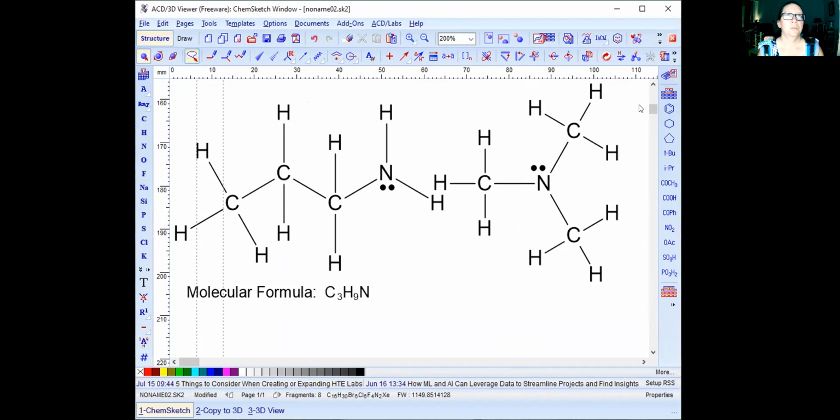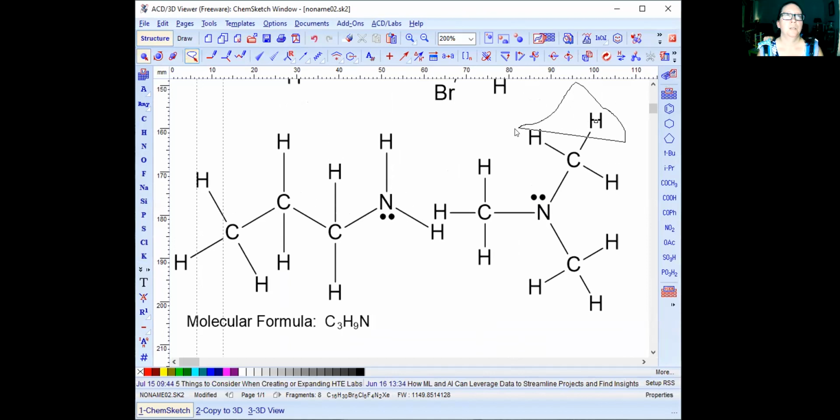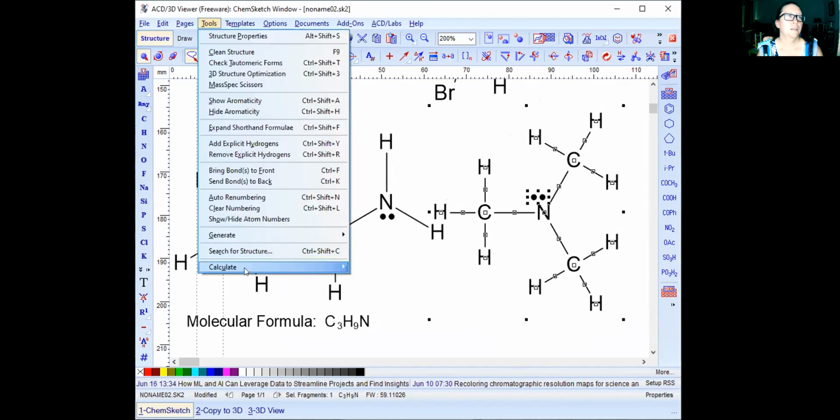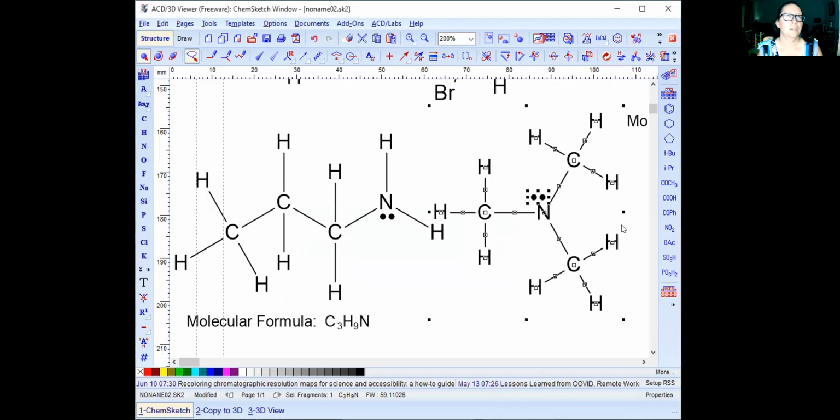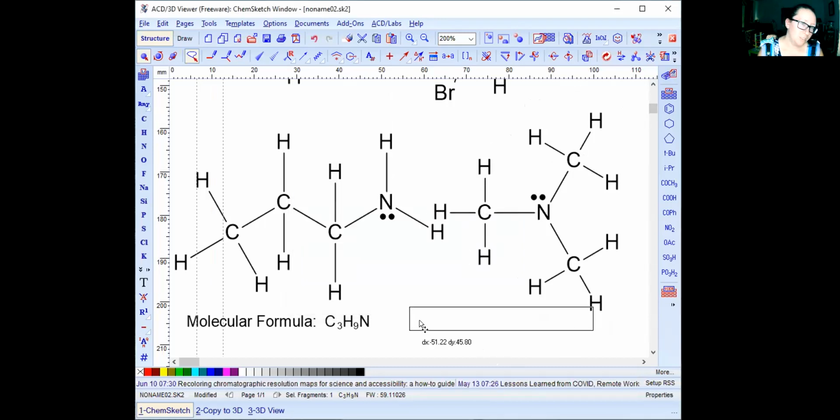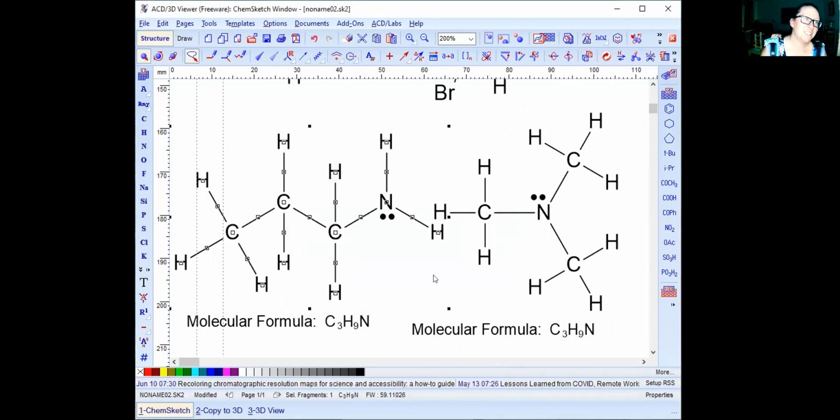This nitrogen has a lone pair, and this one does as well. If we were to calculate the molecular formula for this molecule, it's exactly the same.